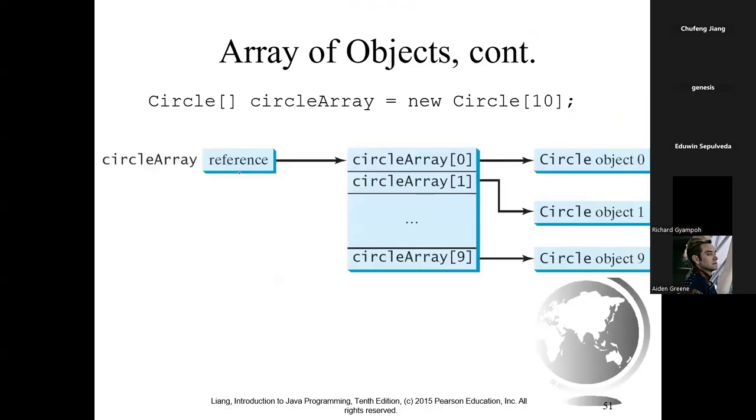Okay, let's see. We have a reference there. In the previous example, a circle object may be 0xEEFF, here we may say 0xEFFF, or here another address. This is the address for different objects.